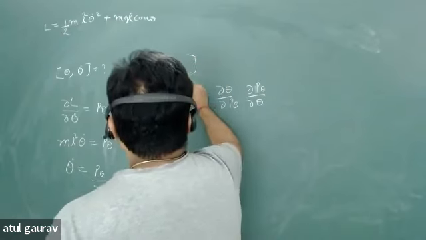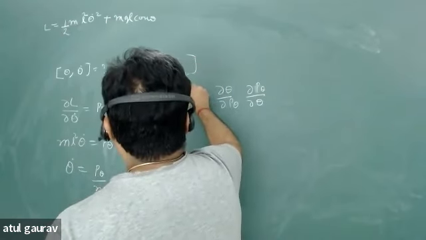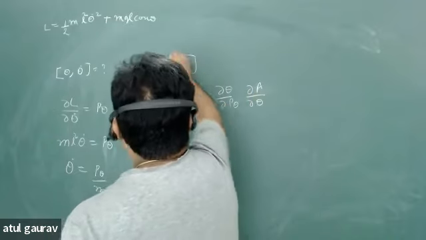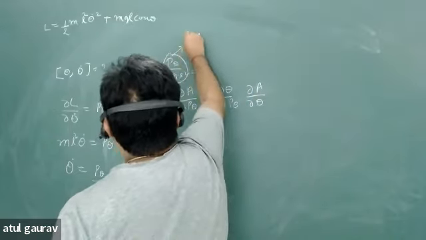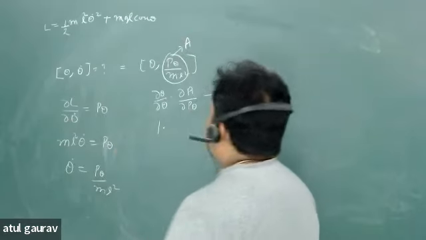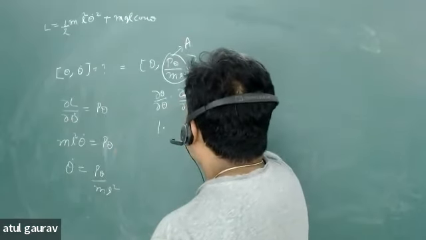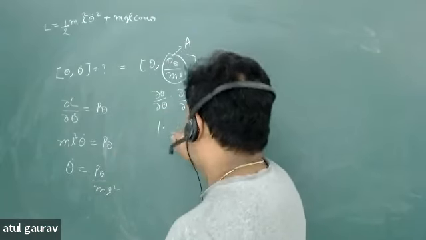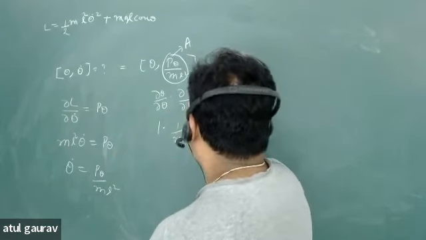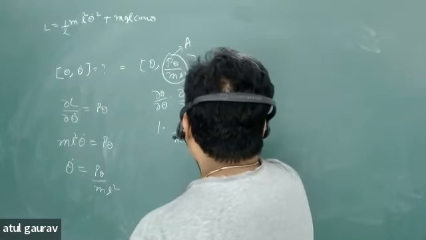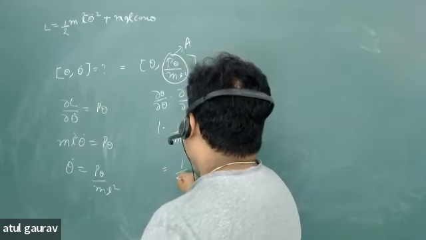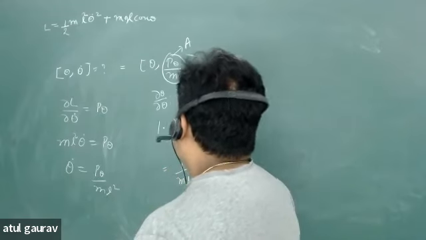Let us write this thing as a, इसे भी a कर दो, ठीक है? And let us put this whole thing as a. Okay, this is 1. So what is del a upon del p theta? 1 by ml square. This is very important. Minus, what will be this value? 0. And this value is also 0. So what is the value? 1 upon ml square.